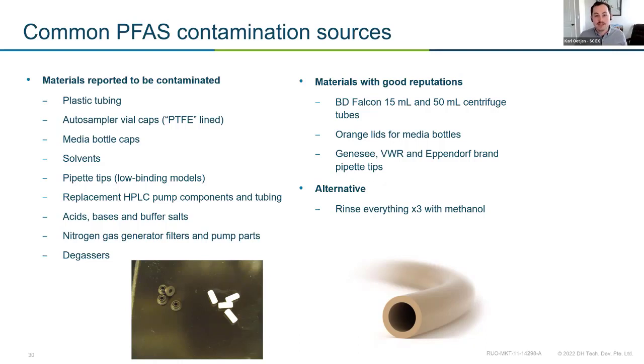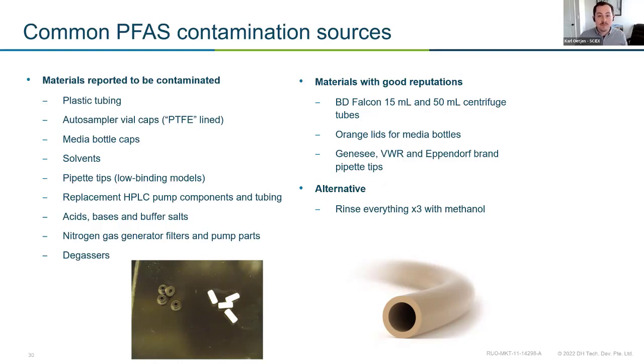And if we take a look in the lab, some of the things we might find that may contain PFAS would be our tubing, autosampler caps, a lot of times are PTFE, same with some filters are PTFE, some of the pipette tips, and I saw that question in the chat, yeah, some of the low binding models can actually contain PFAS compounds. Along with mobile phases, your modifiers, all of those things might be contaminated with PFAS.